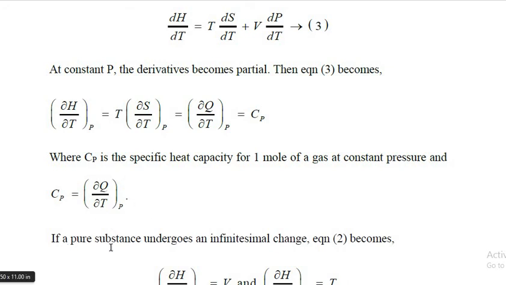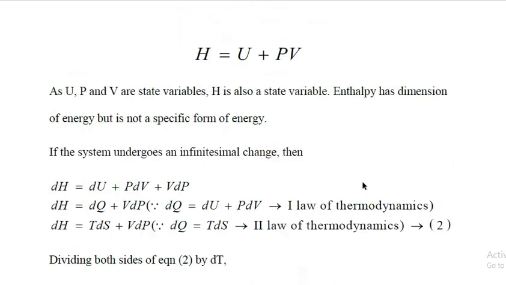Now, if a pure substance undergoes an infinitesimal change, equation 2 becomes, okay, equation 2 is this, dH is equal to TdS plus VdP. So if the pure substance undergoes infinitesimal change, then at a constant P, this VdP will become 0.